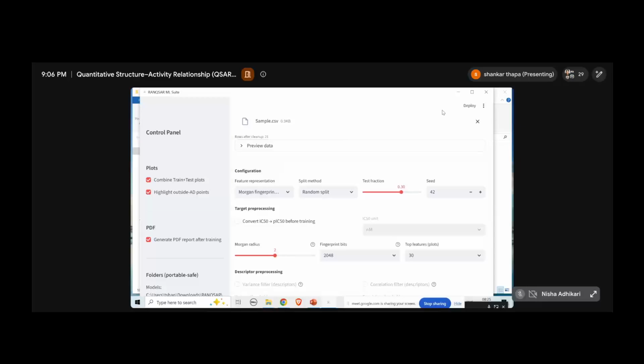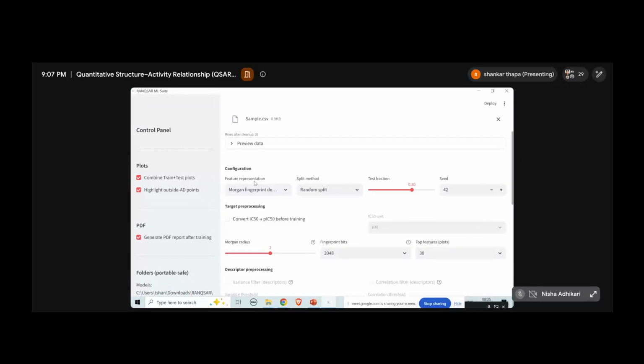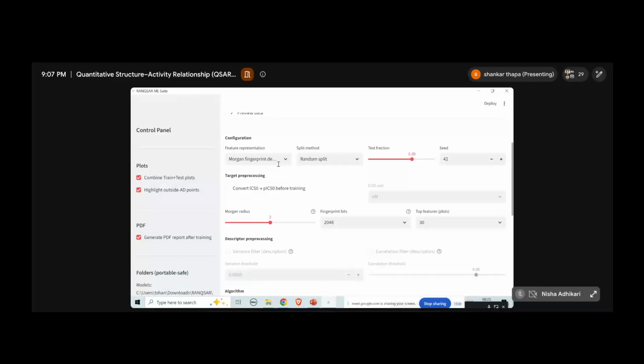So now these are the things which we should understand. During theory sessions, I explained about the fingerprint region. So what type of fingerprint regions you want to use for your development? Here you have options. If you click Morgan fingerprint, and then hybrid fingerprint.